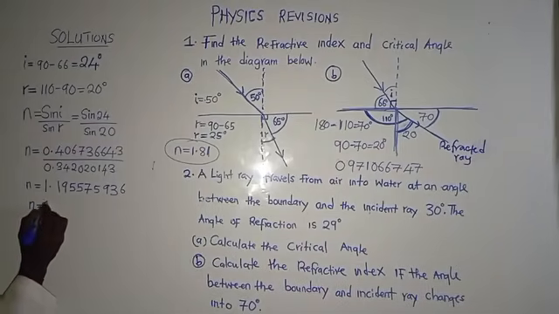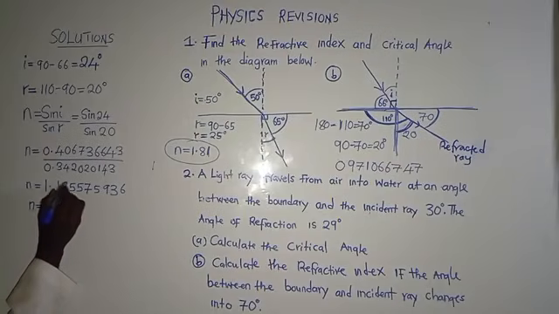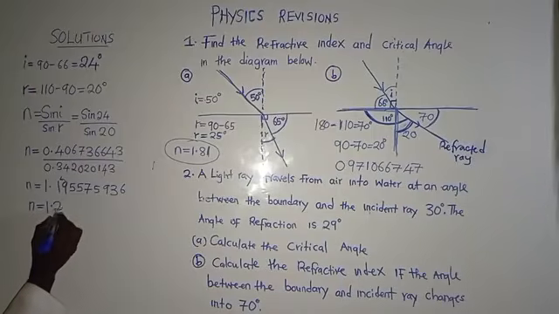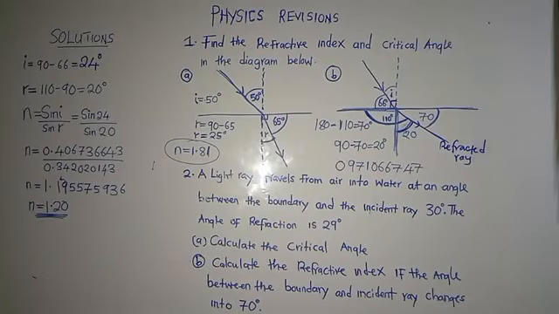So this answer is 1 point 1 9 5. You can't say 1.19 because there is a 5 after the 9. So the 9 automatically becomes a 10.